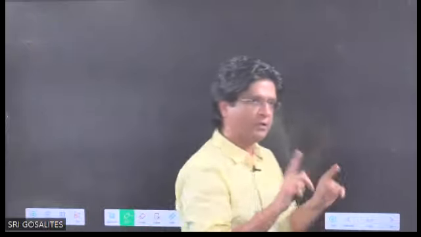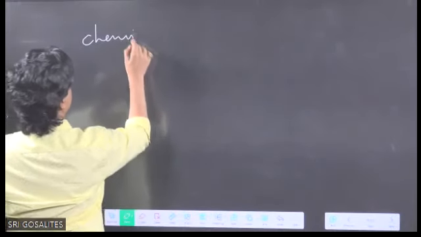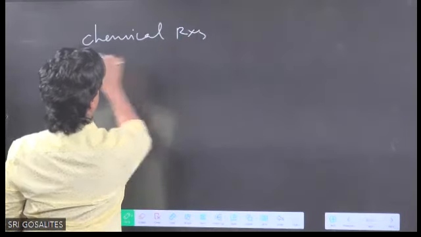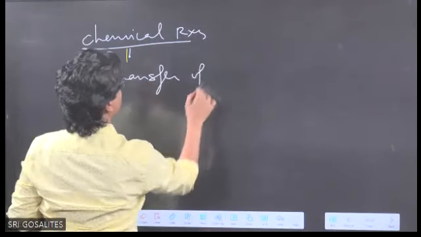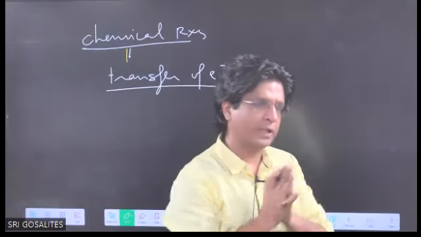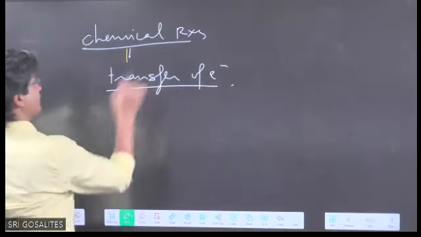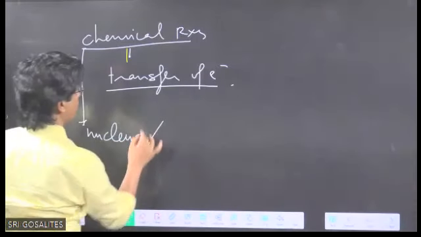So let me club it completely, one more time. What is a chemical reaction? In any chemical reaction, bacho, what happens? Only transfer of electrons occurs. Transfer can also include sharing. That means in a chemical reaction, the nucleus does not participate.